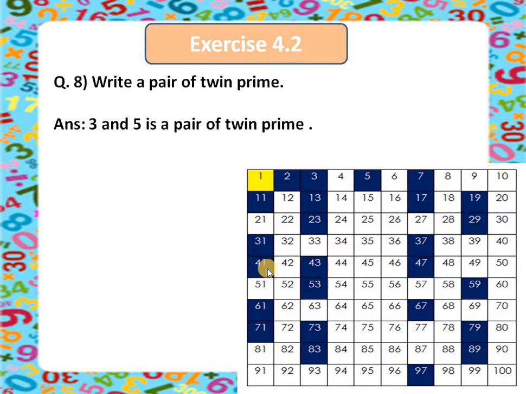Then 41 and 43, we can list out in this row. What else is there? 71 and 73, of course. This much till 100.